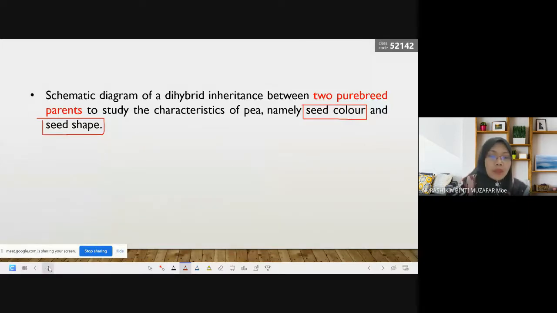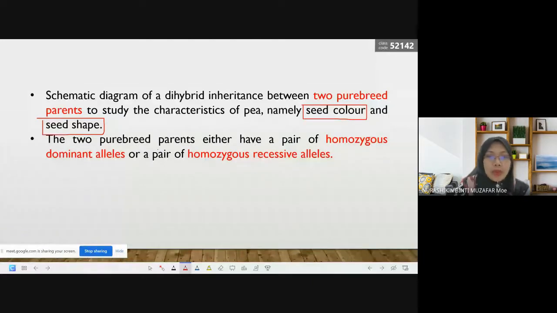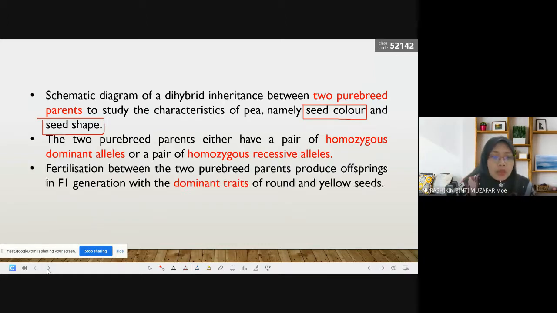So, the two purebred parents either have a pair of homozygous dominant alleles or a pair of homozygous recessive alleles. So what are we going to do? We will cross a pair of homozygous dominant with a pair of homozygous recessive.